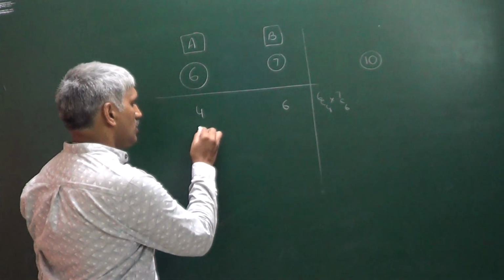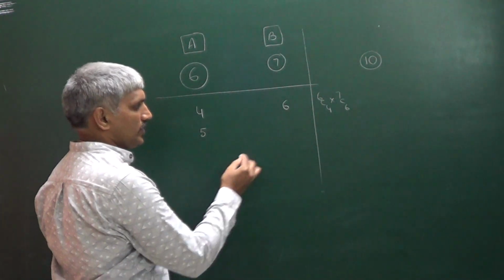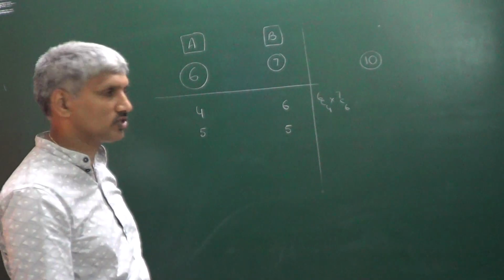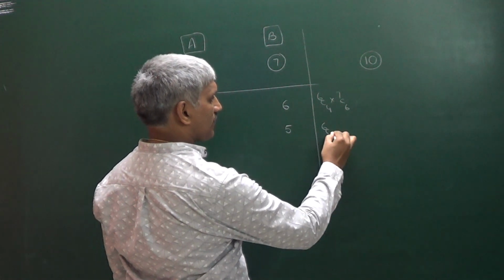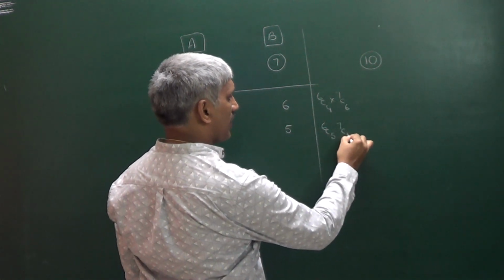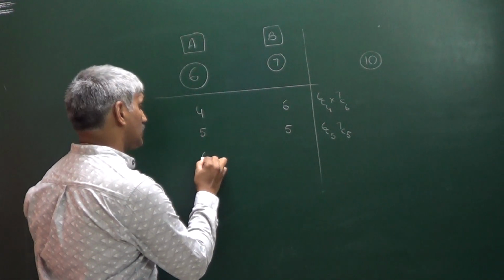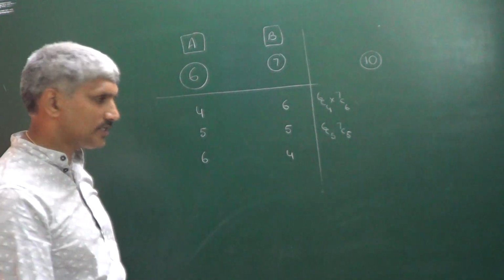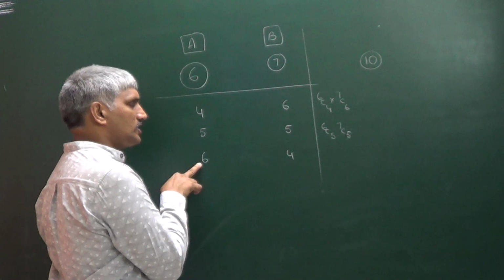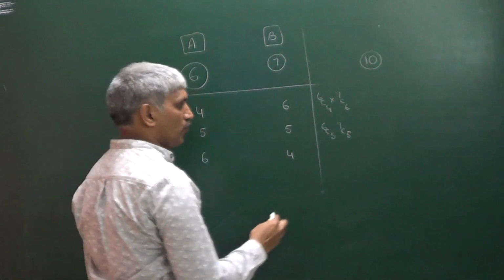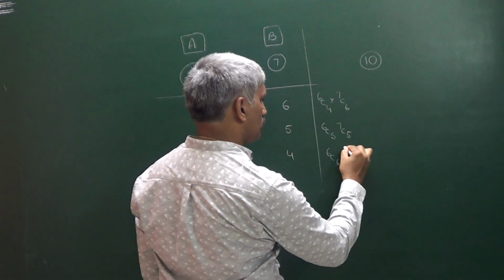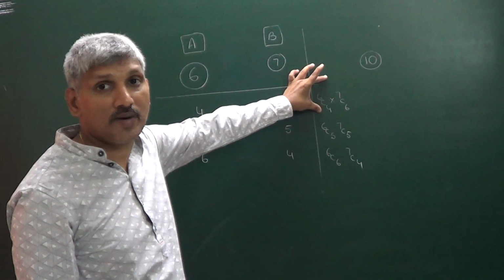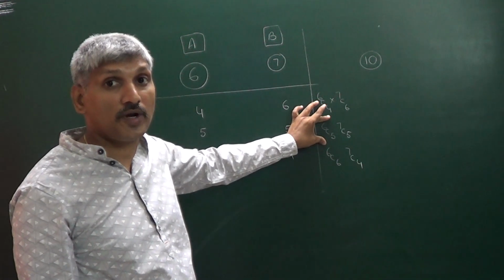Next, from here he is selecting 5, then from here he has to select 5, because 5 plus 5 is total 10. That can be done in 6C5 into 7C5. Next, he selects all 6 questions here, then definitely he has to select 4 from the other, that is 6C6 into 7C4. Each case completes 10 questions, each a different case.